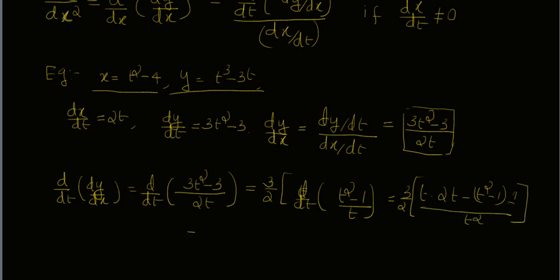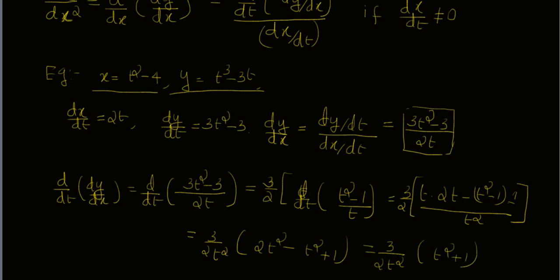This is equal to 3 by 2t square into 2t square minus t square plus 1. This is equal to 3 by 2t square into t square plus 1.